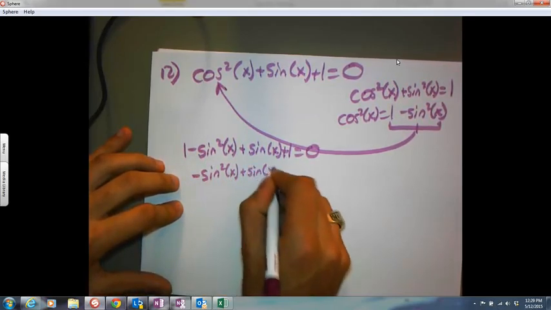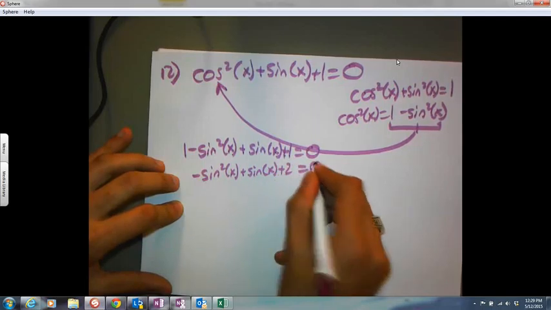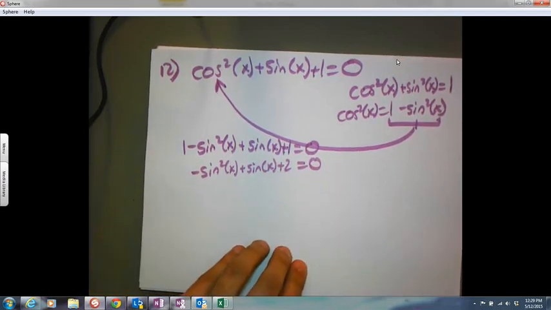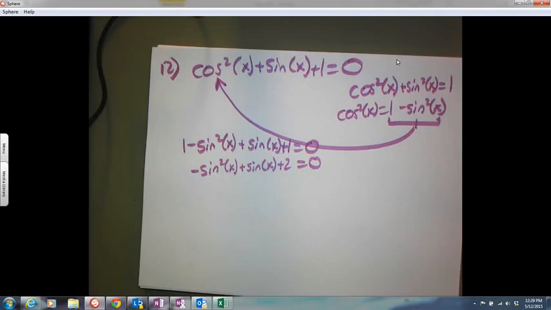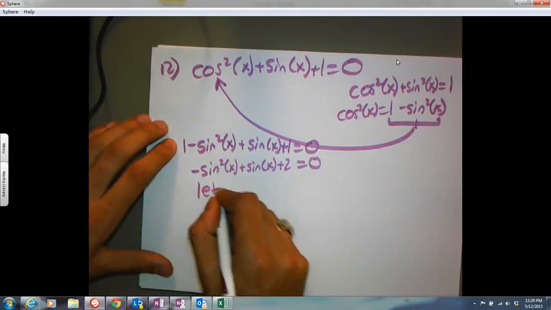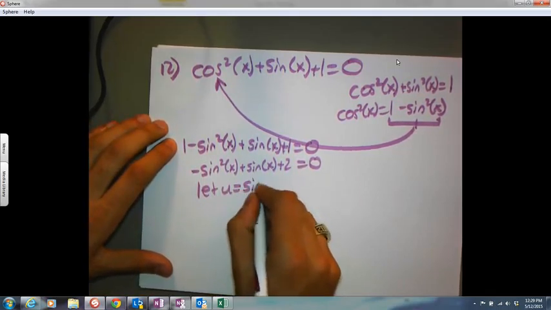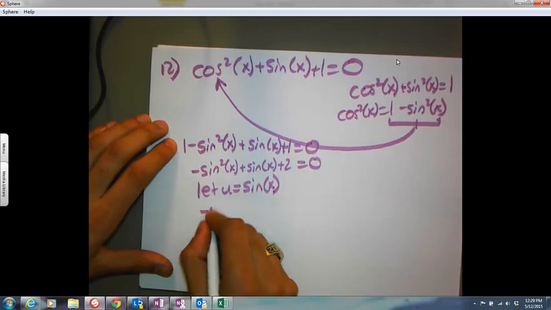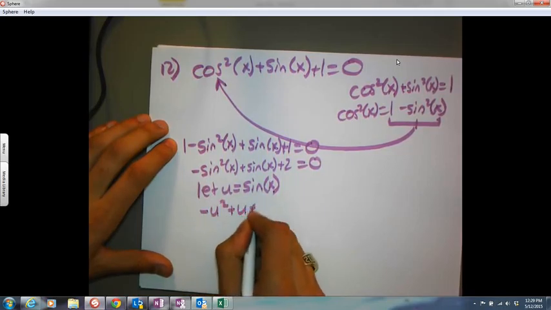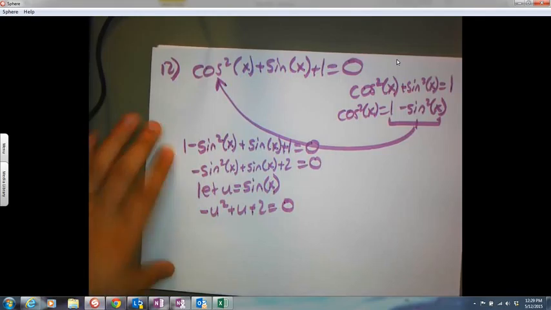And stop me with questions, please. I don't like to deal with the trig function, so I'm going to do a little bit of u substitution. Remember this, of course, folks. Now, this is just a quadratic here. X box.